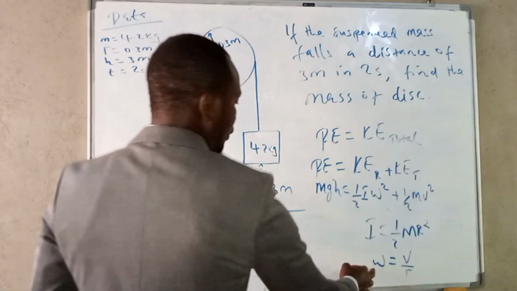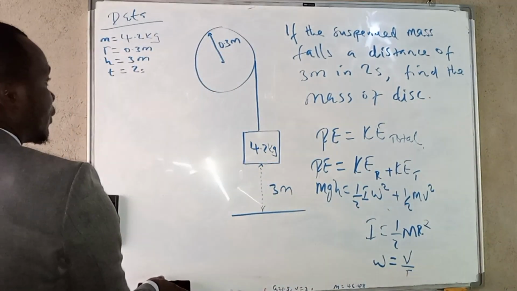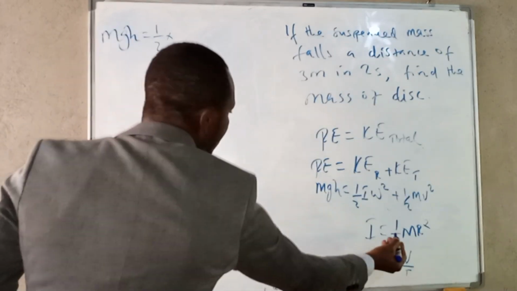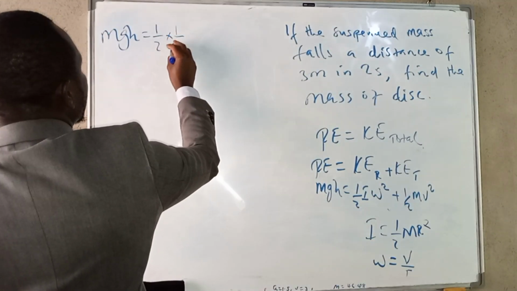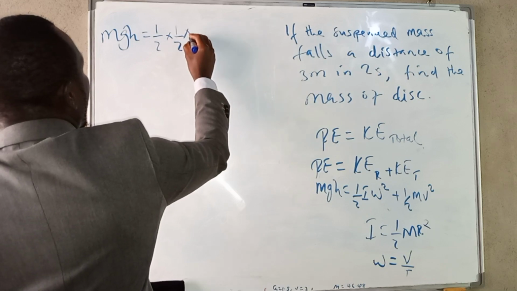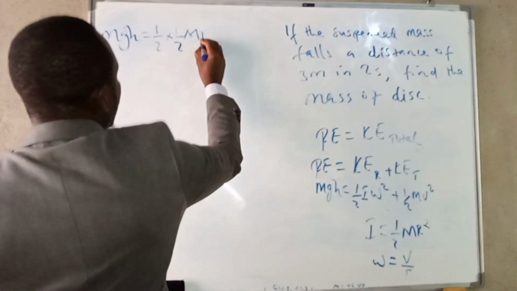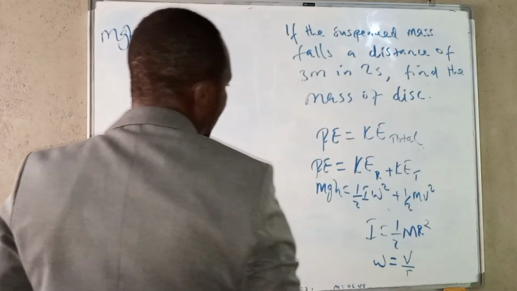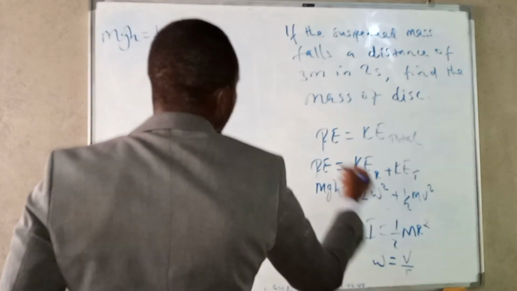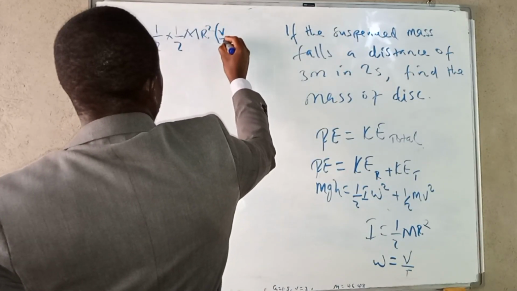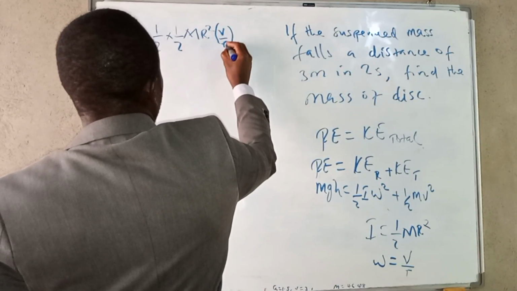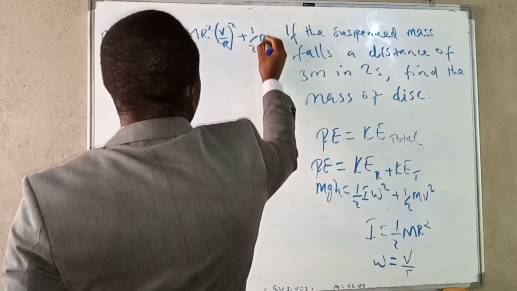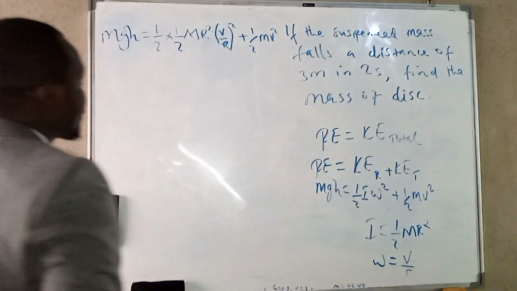So putting these into this equation, we have half times I, which is 1 over 2 M r squared, times v over R all squared, plus half m v squared.